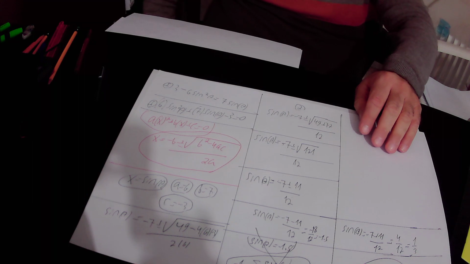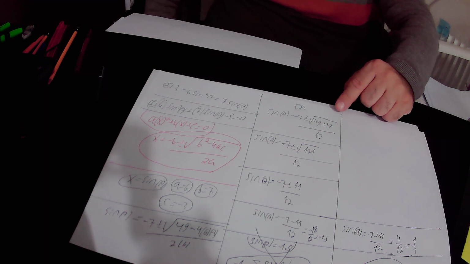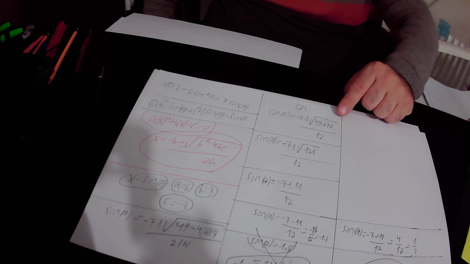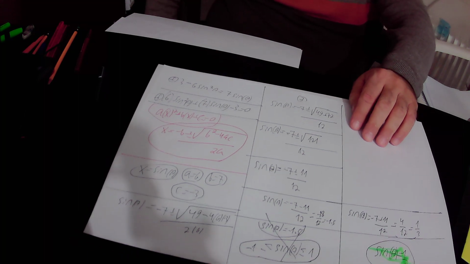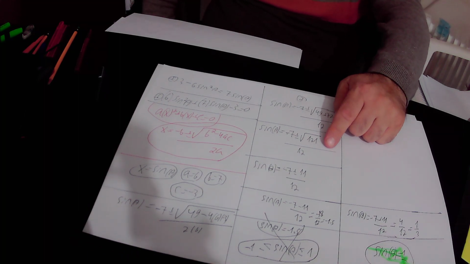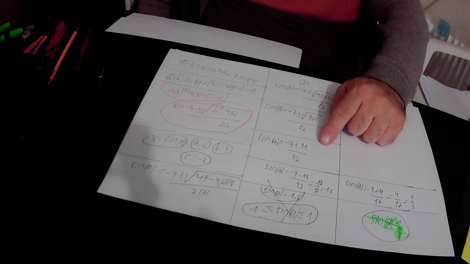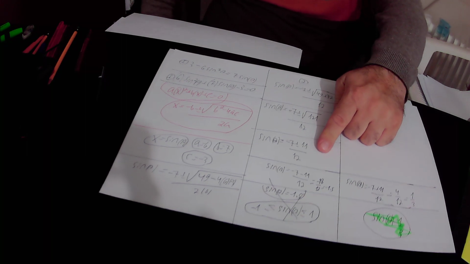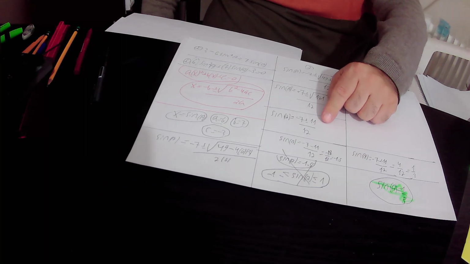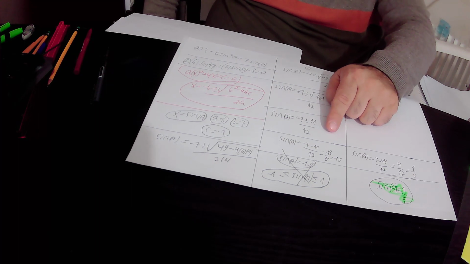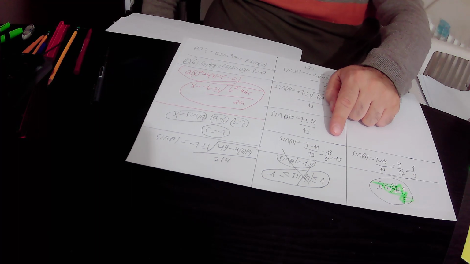So we found out that sine theta equals minus 7 plus minus the square root of 49 plus 72, which is 121, over 12, and the square root of 121 is 11. So sine theta equals minus 7 plus minus 11 over 12. The first possible solution is sine theta equals minus 7 minus 11 over 12.